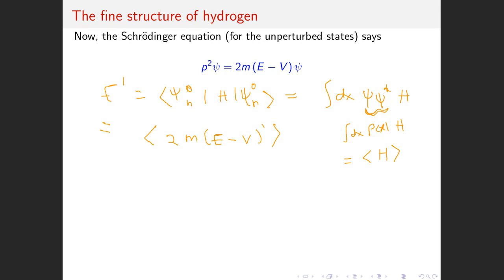Right. So this will give you expectation value of E squared plus expectation value of V squared plus E V expectation, something like that.